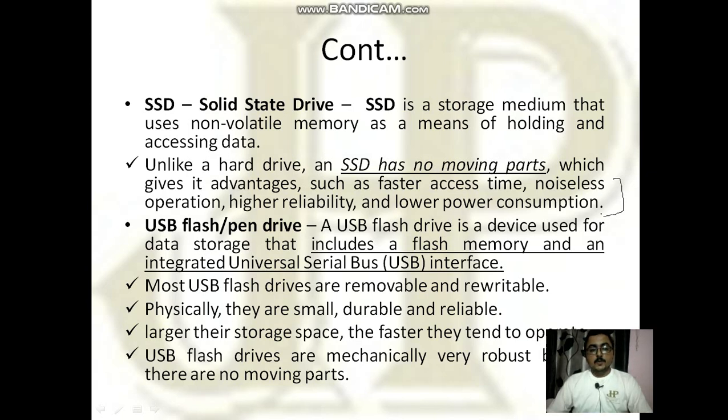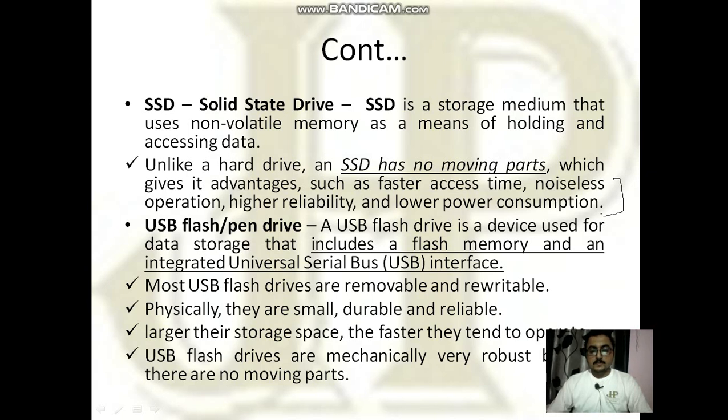Another type is USB flash drive, or mainly known as pen drive. It is again used to store data and includes a flash memory with integrated USB interface. USB stands for Universal Serial Bus.